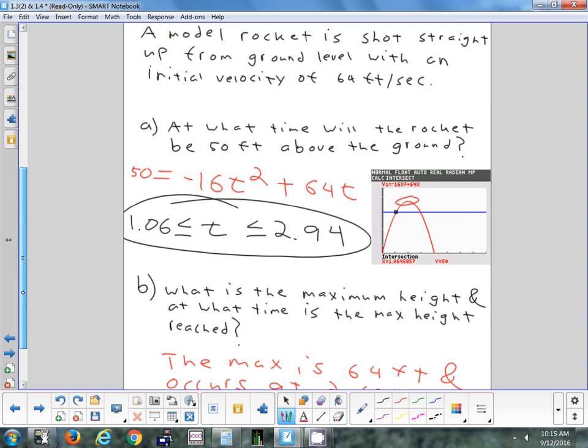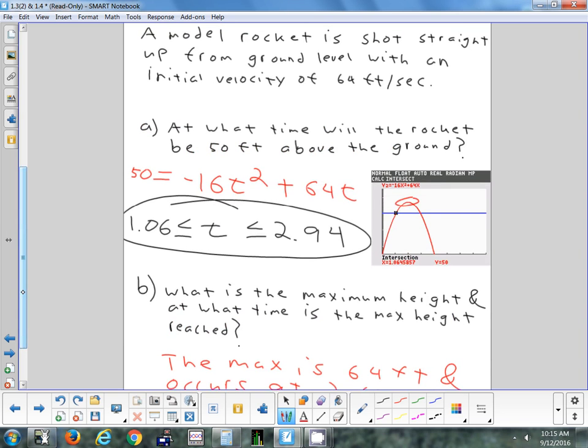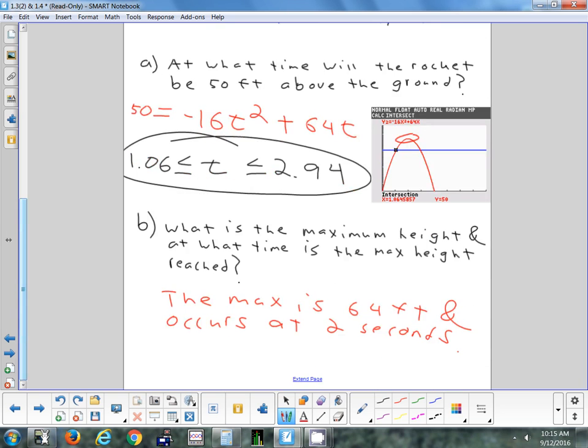Yeah, so it's traveling at 64 feet per second when it starts. At this point, it has 0 velocity. Okay. At its maximum, think of it as not moving at all. And in fact, that's the calculus part. We would set something equal to 0 to solve for the maximum. Okay. It's called a derivative, but again, not something we do in this class.